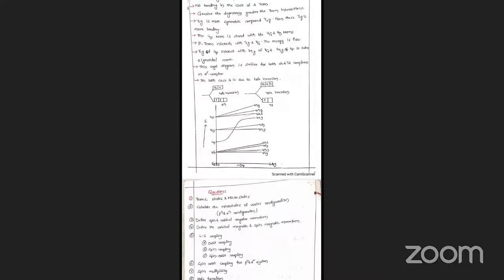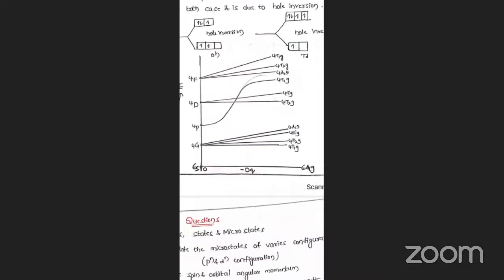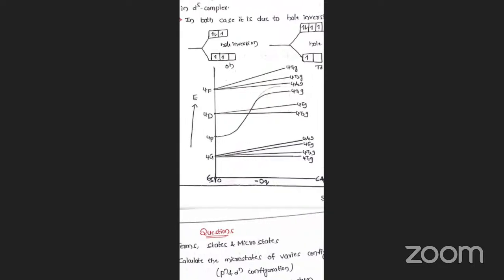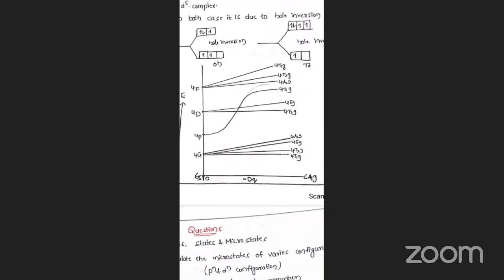So this is the orgel diagram for the D5 configuration. For 6S, there is only one energy pocket, so it contains only one energy pocket.